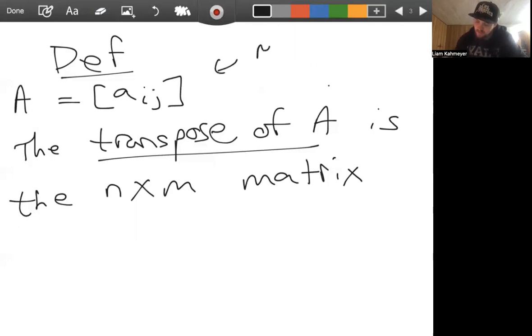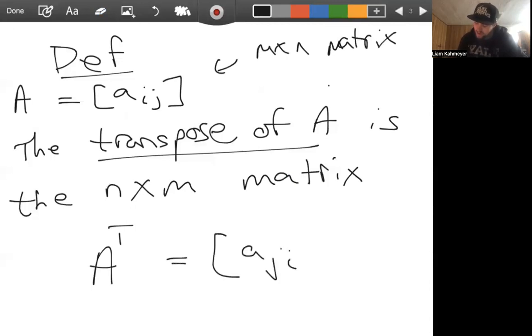This was an M by N matrix. Then the transpose is simply written as A transpose, and this is Aji.